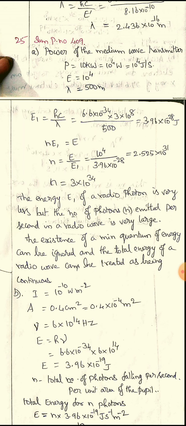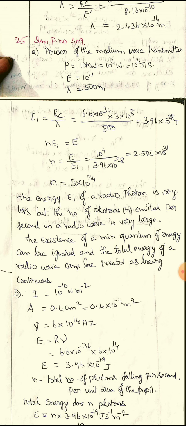So the energy E1 of a radio photon is very less, but the number of photons emitted per second in a radio wave is very large. Here, the E1 of a radio photon is very less, that is 3.96 into 10 to the power of minus 28, but the number of photons emitted N is equal to 3 into 10 to the power of 34 per second in a radio wave, which is very large.